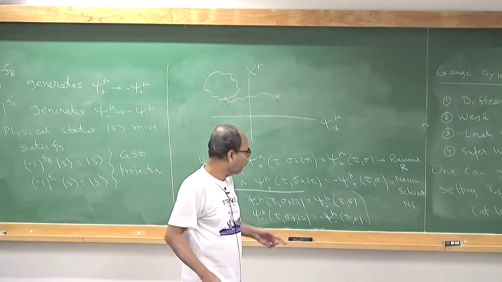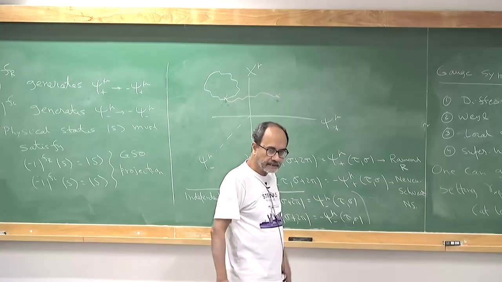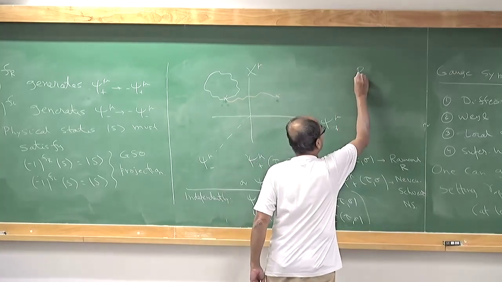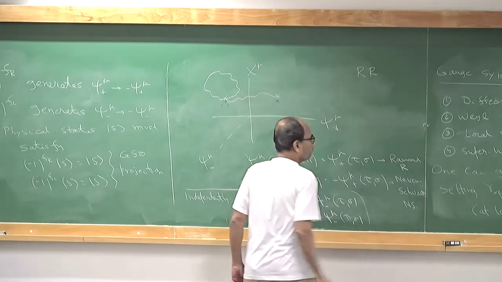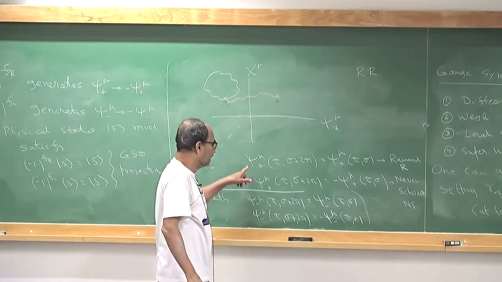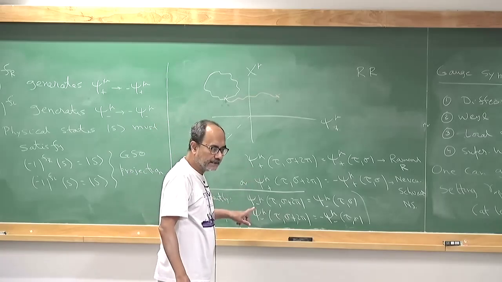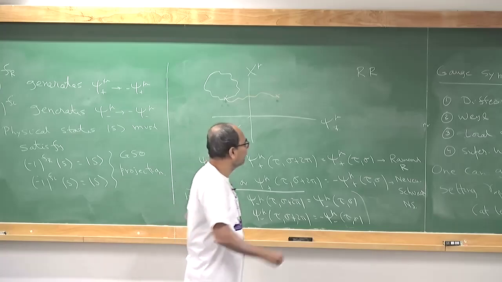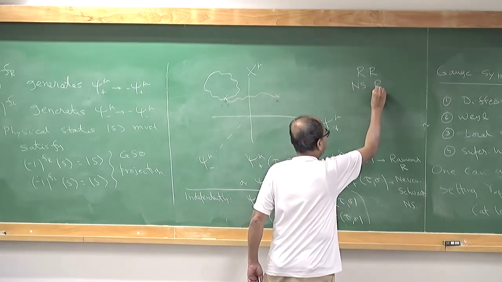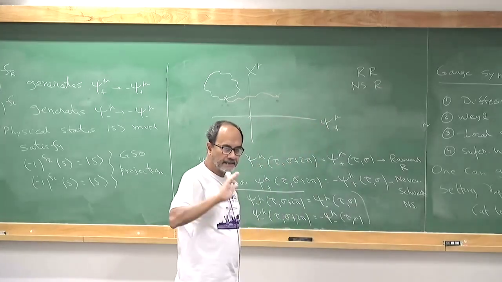One where both psi plus and psi minus are periodic. That is Ramond-Ramond. Second, when psi plus is periodic, psi minus is antiperiodic. That is NSR. We write psi plus on the right because psi plus is right moving.